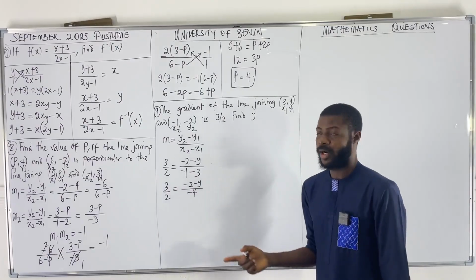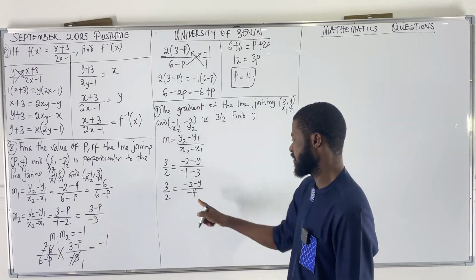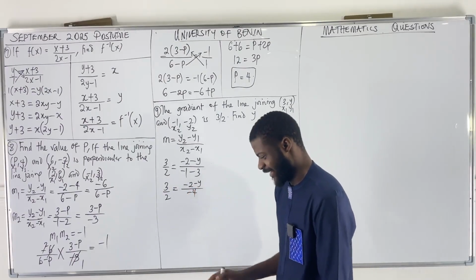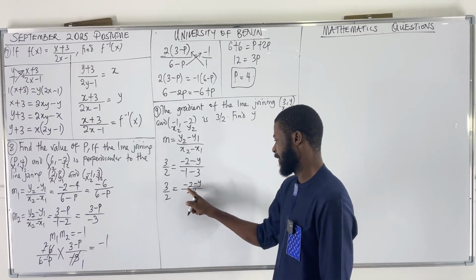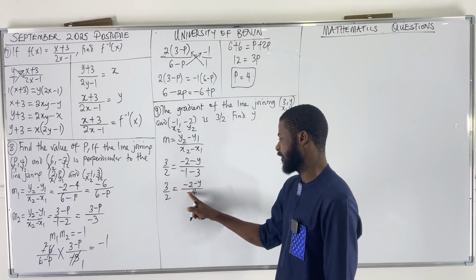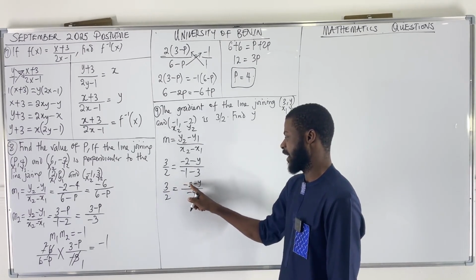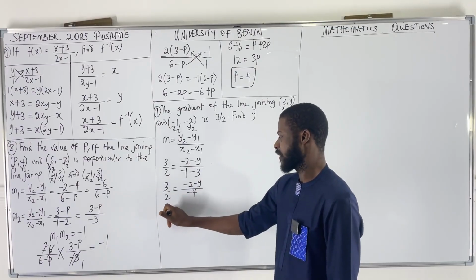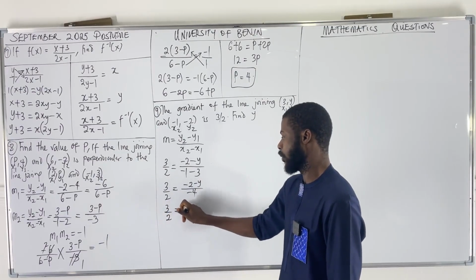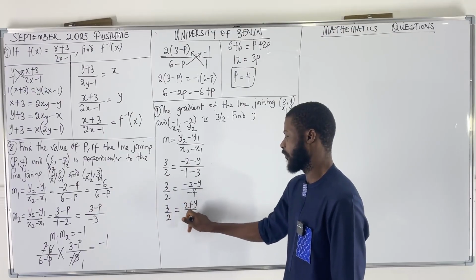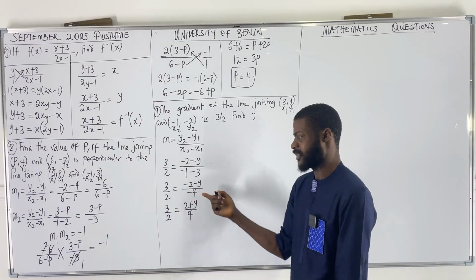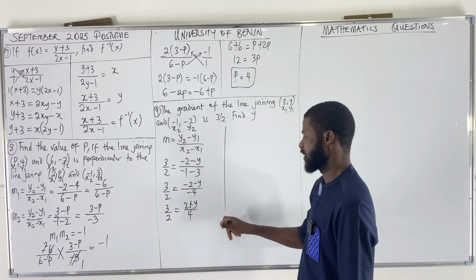So this will be 3 over 2 equal to minus 2 minus y divided by minus 4. And there are different ways to go about this. Since this is minus, if I use this minus to multiply the minuses here, all of the minus will just run away. So this will be 3 over 2 equal to 2 plus y over 4. If you don't understand this, you can just cross multiply, but your answer will still be the same.